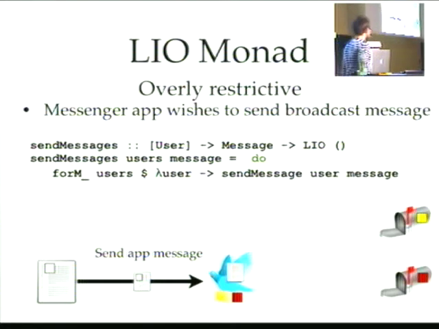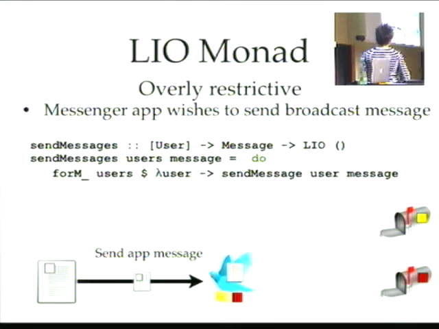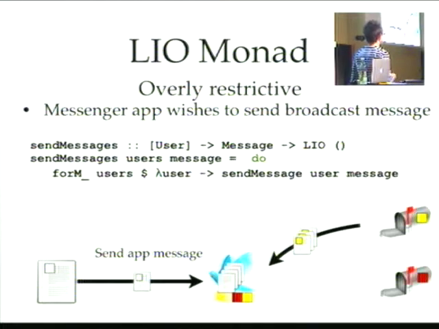So we've prevented a leak to the TSA, but we've introduced a slight problem. Because we're disallowing that kind of leak, you can also imagine extending the application where you want to just broadcast the same message to different users. So maybe you want to send this message to Bob, but you also want to send it to John. It's the same message. Well, LIO, after having read Bob's message, now reads Bob's inbox.